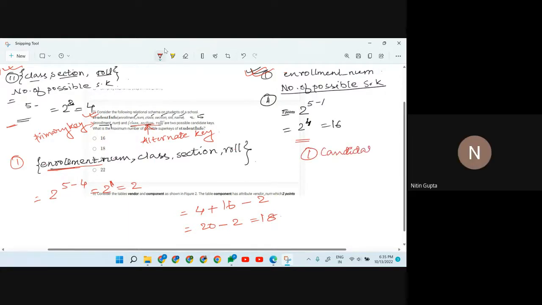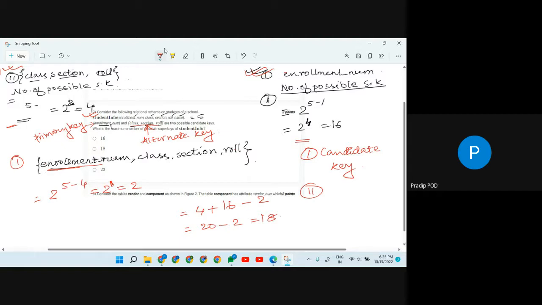Someone has to specify these are the possible candidate keys, so it is already given to you. Then if the question asks for the maximum possible number of super keys, you can add attributes to the candidate key and you will find the super keys.